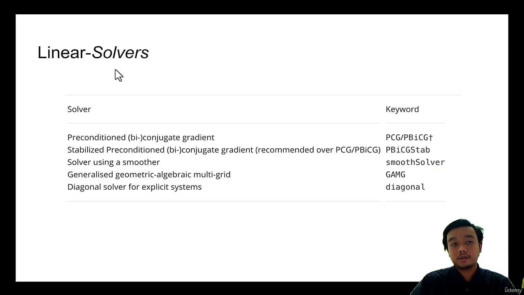Let's say for incompressible flow, it will be different solvers, and for the multiphase flow and anything like that. And again, if you find it in your tutorial folder and it works perfectly, you don't have to worry about changing this solver. And it's all about stability and compatibility.